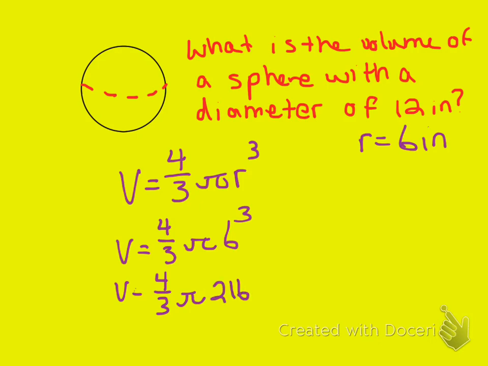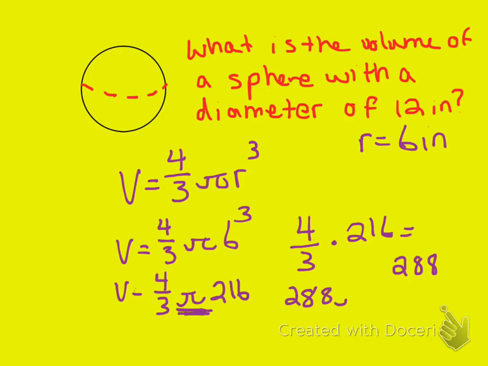In my calculator, I'm going to leave pi and do 4/3 times 216, and I get 288. So with that simplified, my answer is 288 pi.